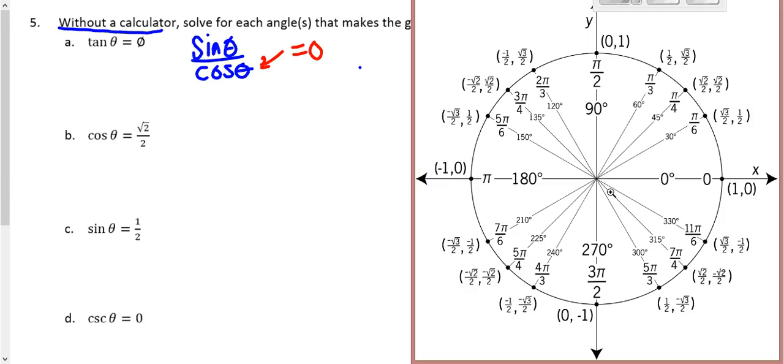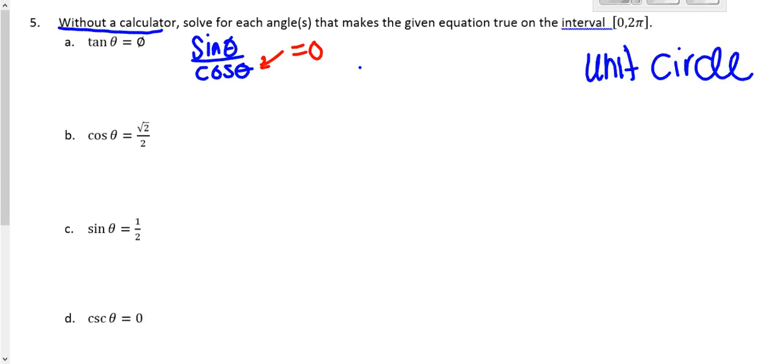So if we look around, sine is 0 at 0, cosine is 0 because it's the x value at pi over 2, 3 pi over 2. Those are our answers. If you know the unit circle, you have your answers to this, pi over 2 and 3 pi over 2.